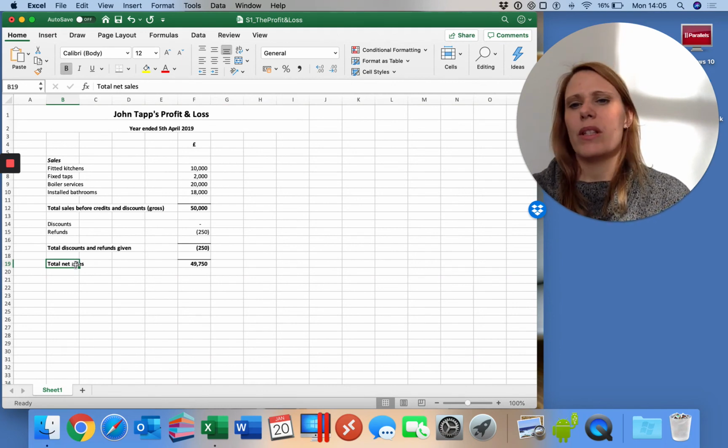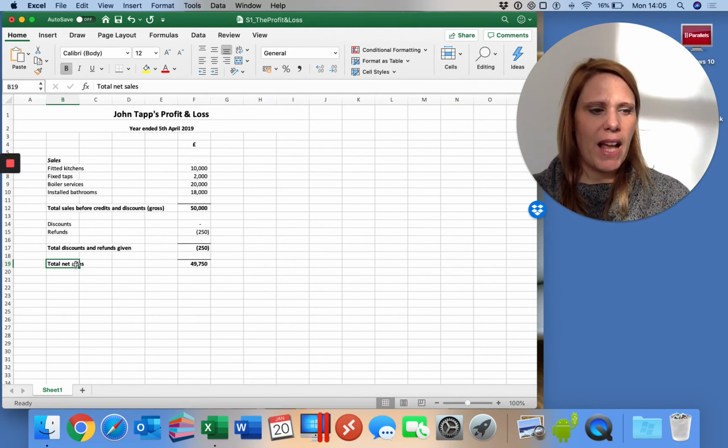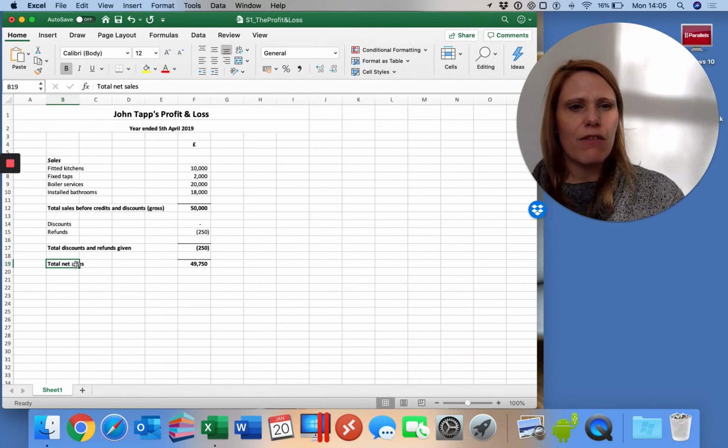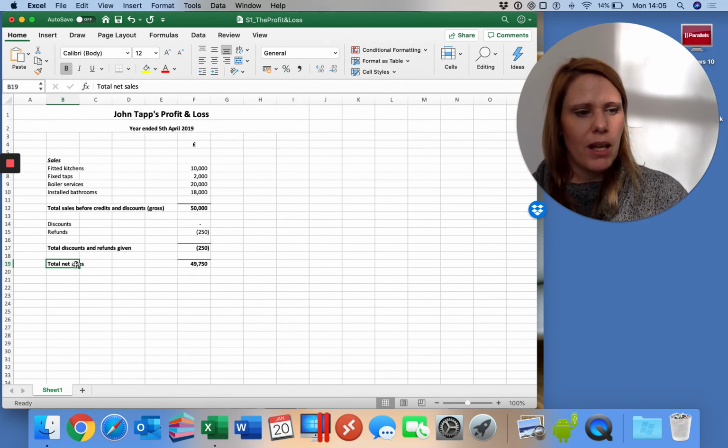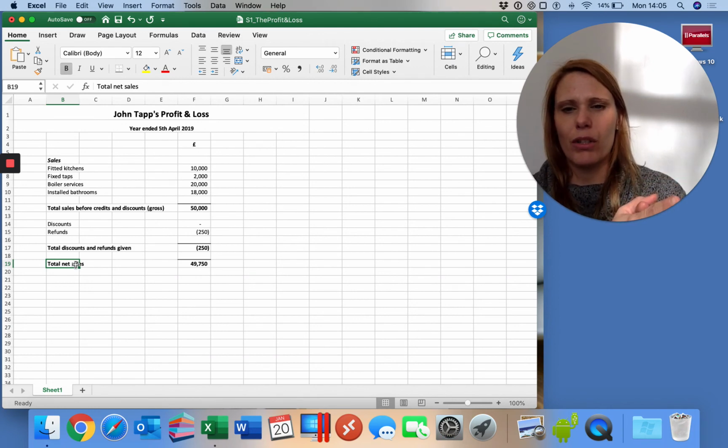I always recommend that my clients split out the levels of credits and refunds and the level of discounts so that they can track the amounts they've been given. It's very easy to keep giving discounts to clients, particularly when you're new in business and you're trying to drum up some business. And sometimes if you lump it all together in gross sales, what you don't see is whether you're over discounting or your level of credits are too high.